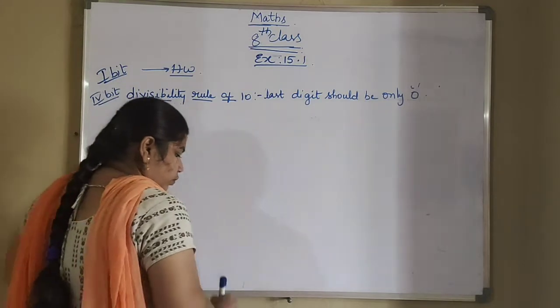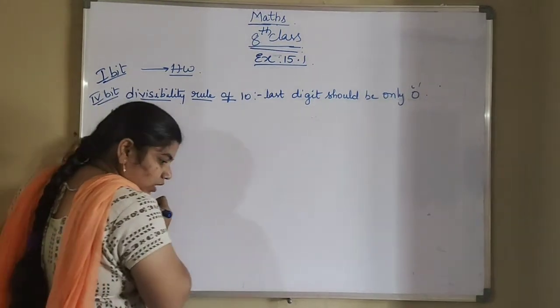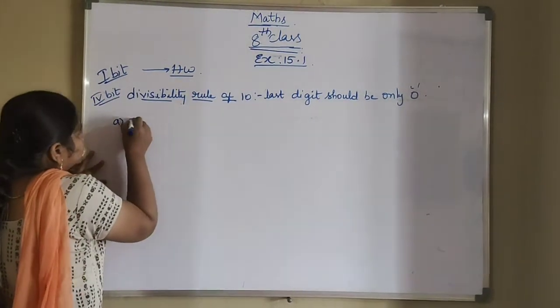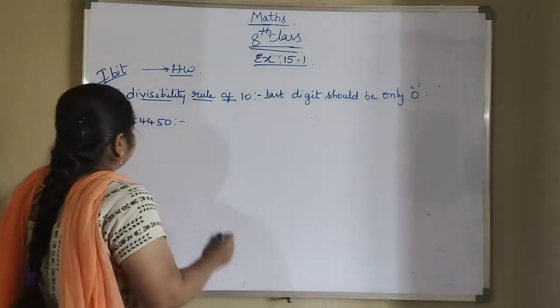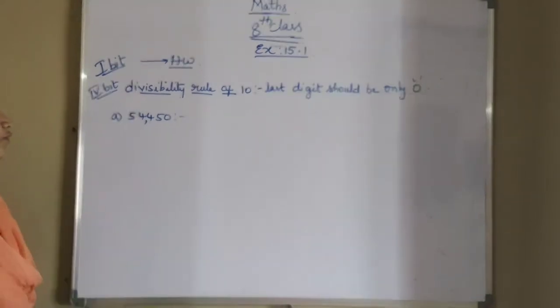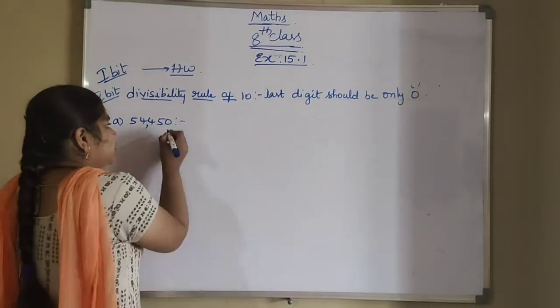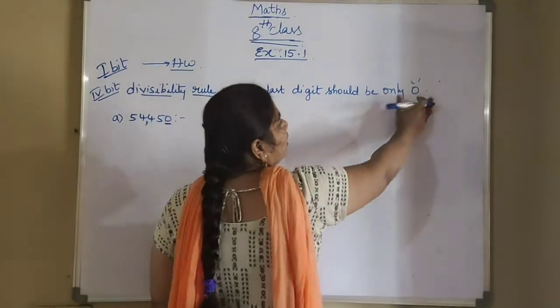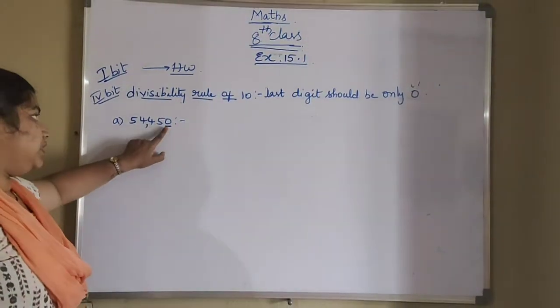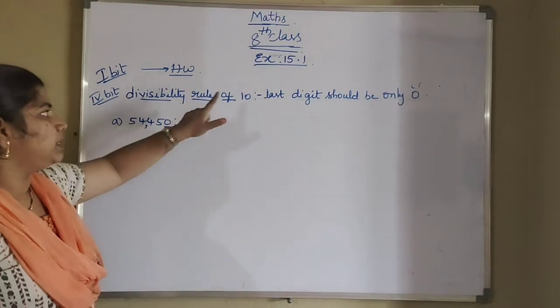Then only it will be divisible by 10. So what is the first one in that? So what is the given number? 54,450. So what is the last digit here? 0. So what is the rule here? Last digit should be only 0. If the last digit is 0, then the whole number will be divisible by 10.